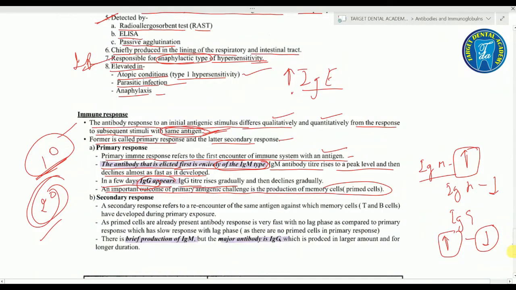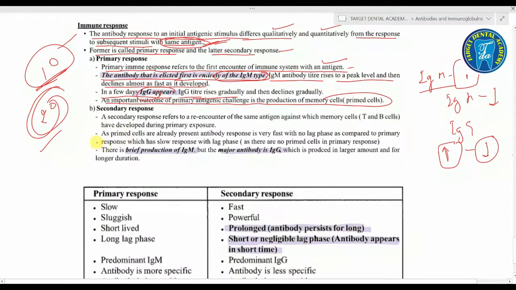Coming on to the secondary response. A secondary response refers to the re-encounter of the same antigen against which the memory cells, that are the T and B cells, have developed during the primary exposure. It is the later response, and the primary is the former response.